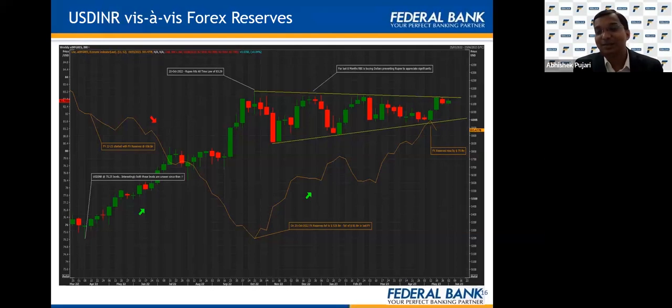If we do an analysis, from 50 rupees per dollar to 60 rupees it took some 6 years, from 60 to 70 it took around 4 years, and from 70 to 80 it took around 3.5 to 4 years. Similarly, from the current levels of around 82.75 to around 90, our view is that within a span of 2.5 years, the rupee should be around 88 to 90 levels, being higher inflation, higher interest rate, and carry trades coming in.